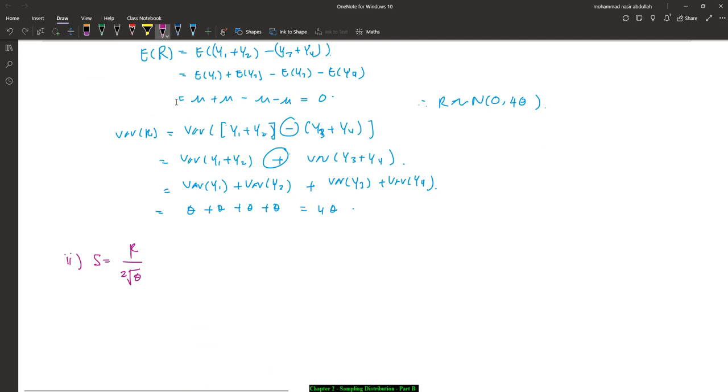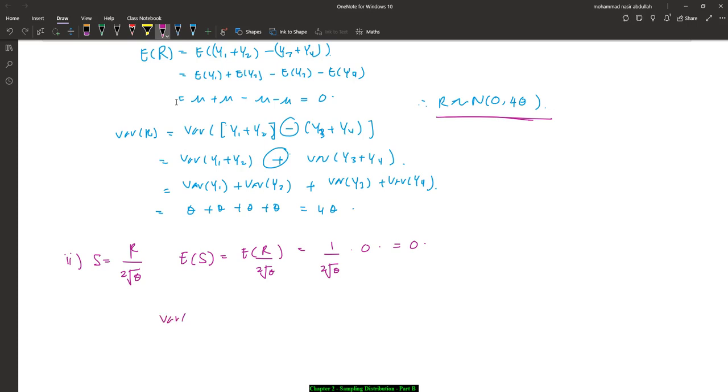So we know that R has a normal distribution with mean equal to 0 and variance equal to 4 theta. So expected of S is equal to expected of R over 2 square root of theta. So this one is 1 over 2 square root of theta multiplied with 0. So this is equal to 0.